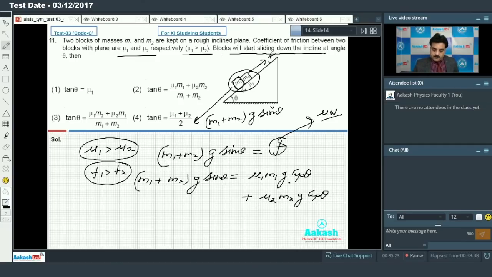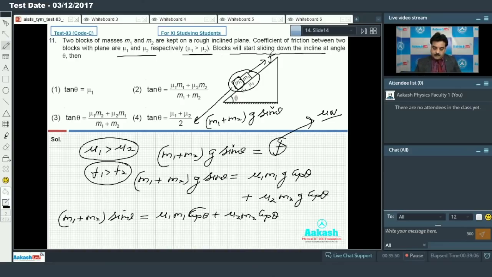If I take g as common from both sides, we can cancel them. So we'll write (m1 plus m2) sin theta equals mu1 m1 cos theta plus mu2 m2 cos theta, because small g will cancel out.